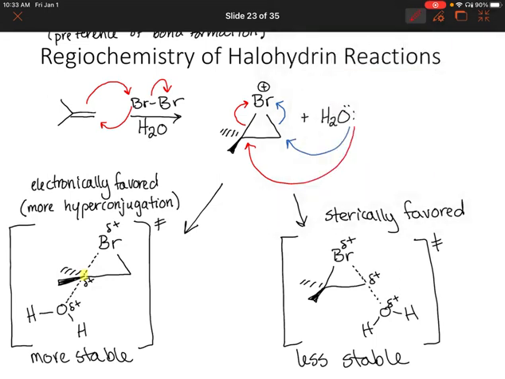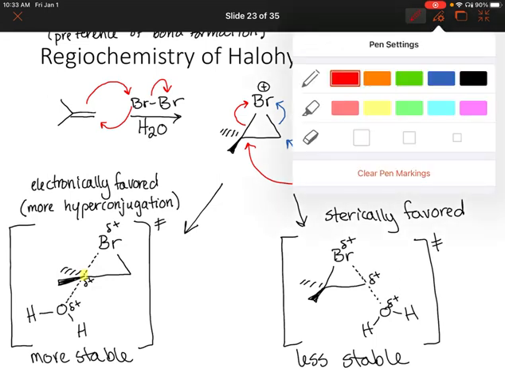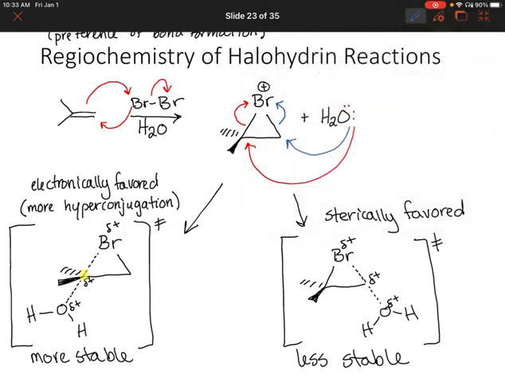All right, so the sterically favored transition state won't occur because it's just not as stable as the electronically favored transition state. So that one just won't happen.